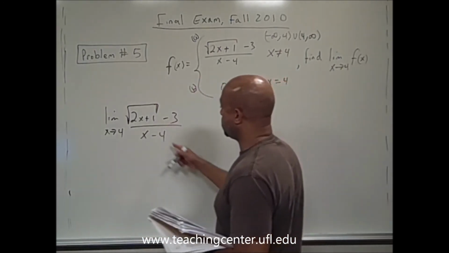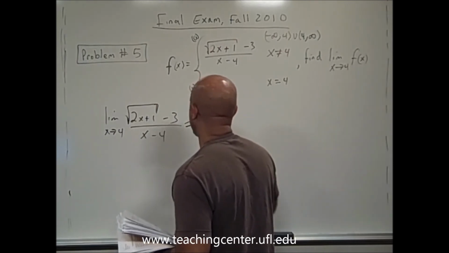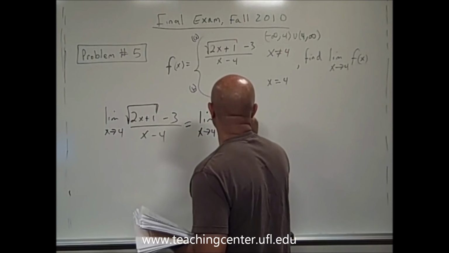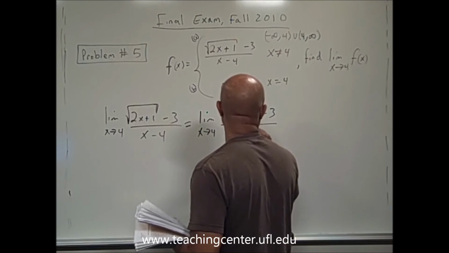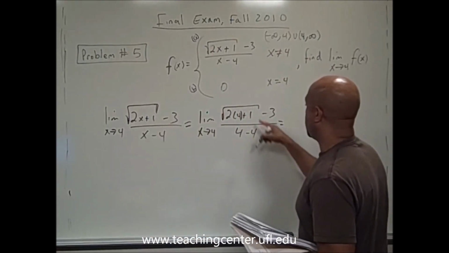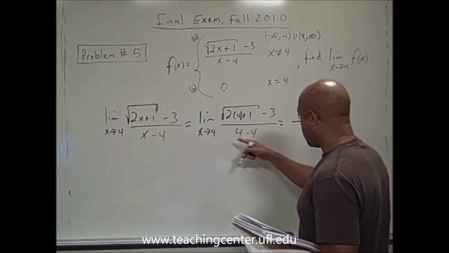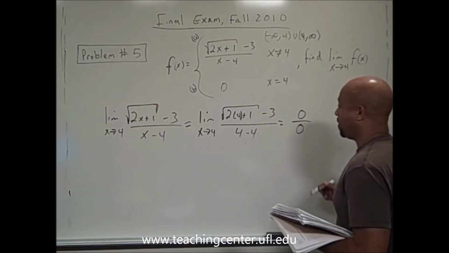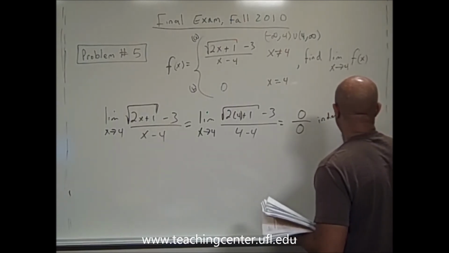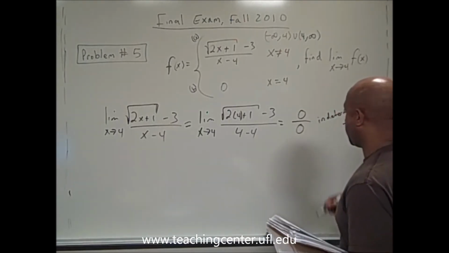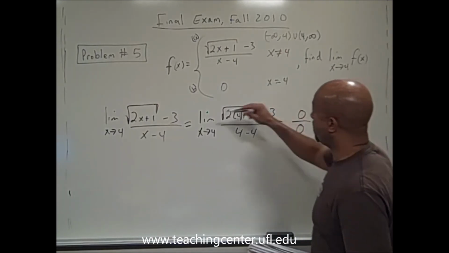And if you use direct substitution, you would get the limit as x approaches 4 of this, and this would just be 3 minus 3, which is 0, and this would be 4 minus 4, which would be 0, which would give you indeterminate form. Okay? That's if we were taking the limit of this.